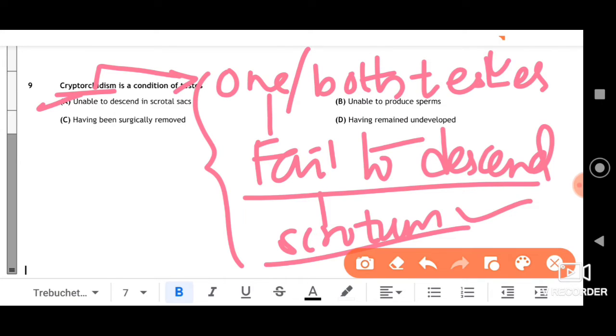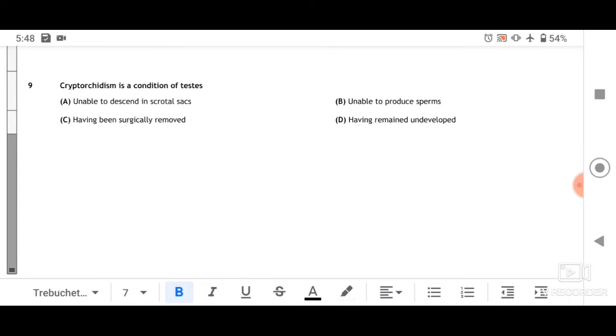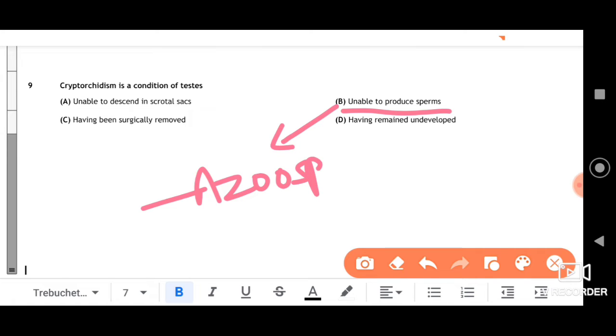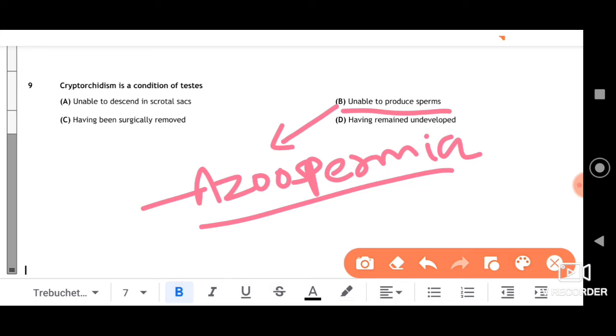But let us also understand the other options here. The second option is unable to produce sperms. If the testes are unable to produce sperm, the condition is referred to as azoospermia, where no sperm can be seen in the man's ejaculate.